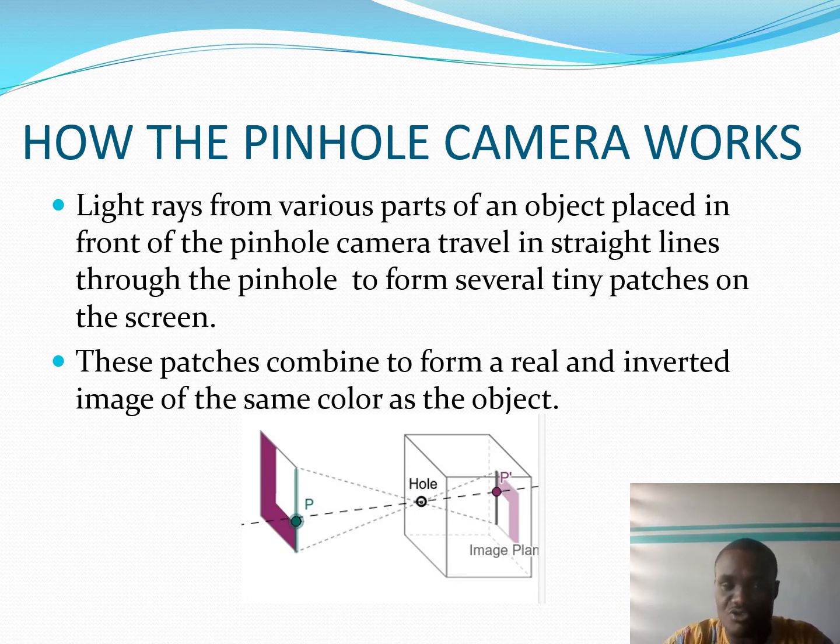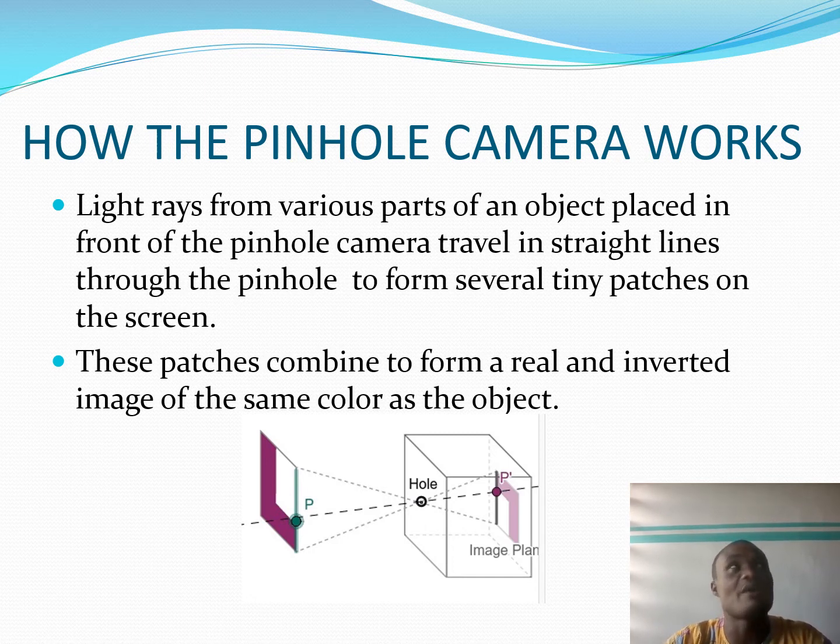Images formed on screens are real images. For example, when you take your phone and snap a picture of yourself, you will see that the image is real because the phone has a screen on which the image is being formed.